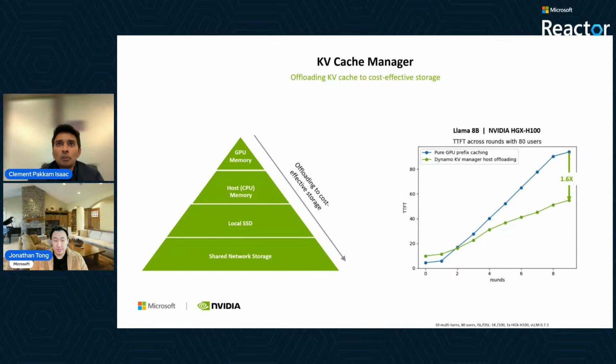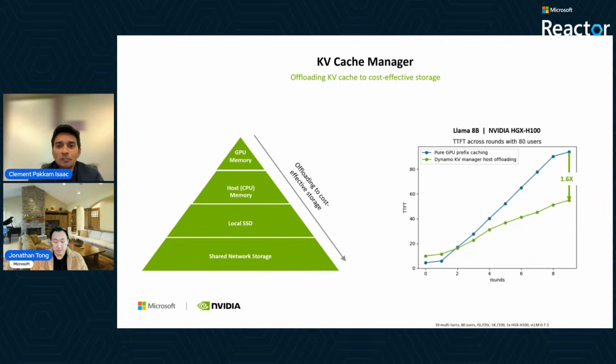Let's talk about the final component we have, the KV cache manager. The KV cache router does a great job routing requests to workers that already have relevant KV cache in memory, but that raises a natural follow-up question: what happens when the GPU memory fills up?